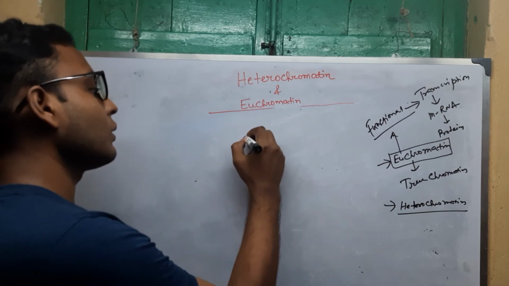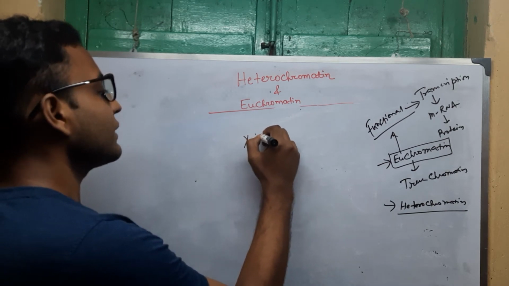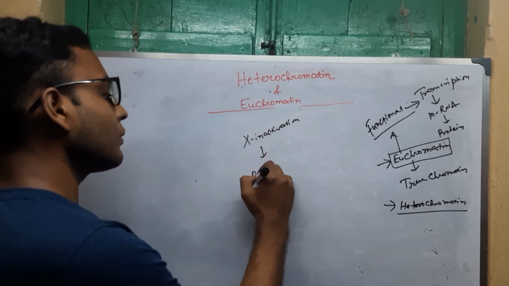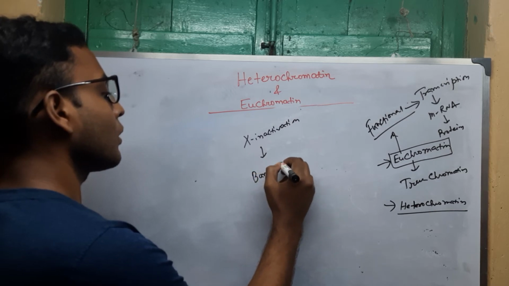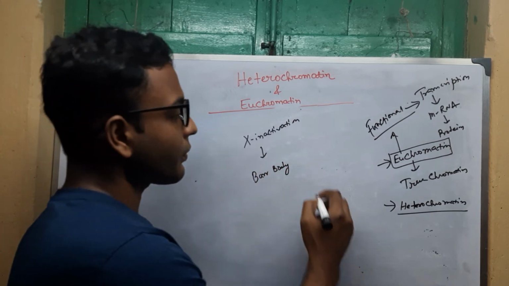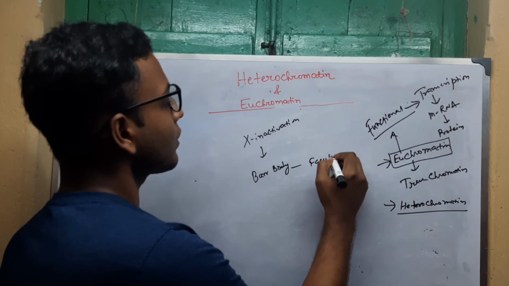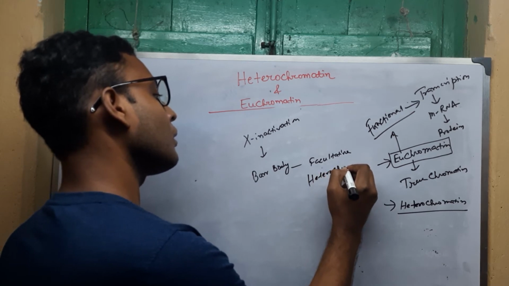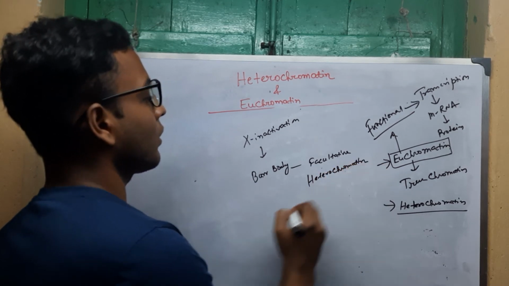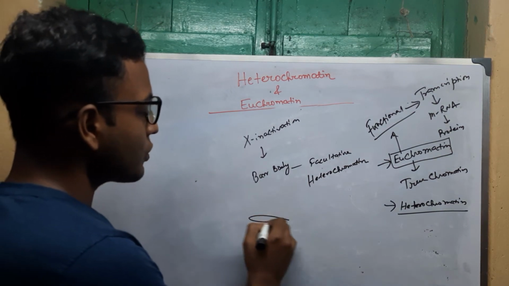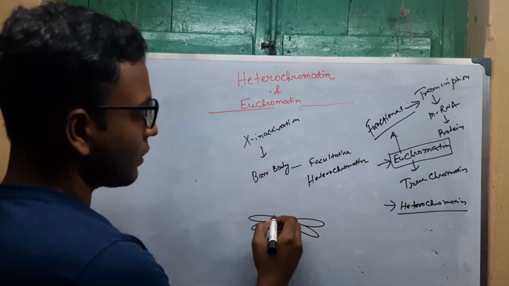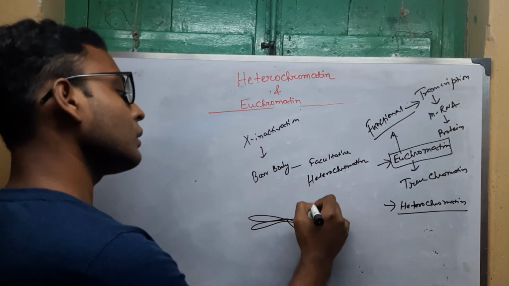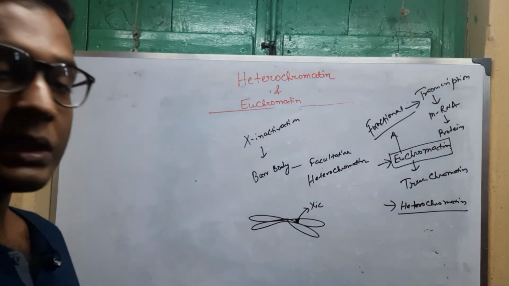The idea of X inactivation, or the formation of the bar body, is associated with the facultative heterochromatin. In the chromosome, around the centromeric region, there is a portion called XIC, or X inactivation center.